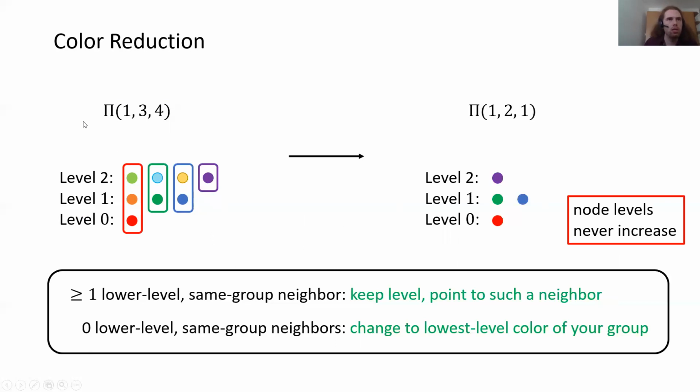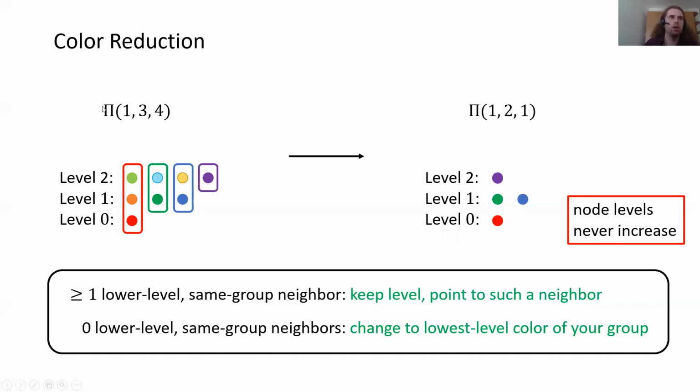More precisely, if I'm a vertex that outputs a pointer in this problem, since I point to the same vertex in this problem by design, and the level of a node does not increase, well, if I pointed to a lower node here, which I must have because here we have a correct solution, then I also do that in this problem.